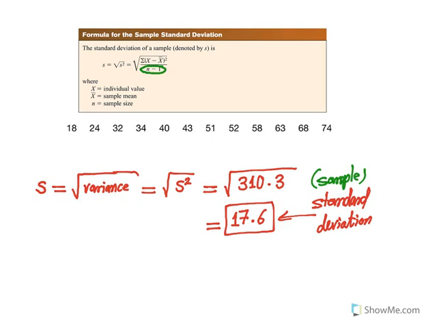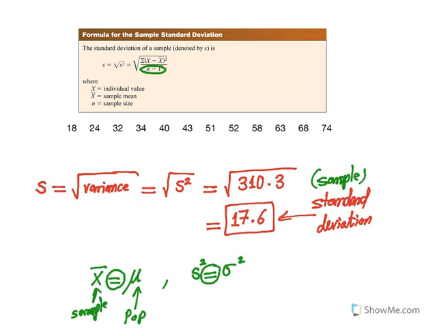And remember, for a population also, instead of x bar, we call it mu. This is for the population, and this is for the sample. And for the sample, we call the variance S squared, but for a population, it's sigma squared. I don't mean here equal. They're not equal. I just mean what they stand for in each case.